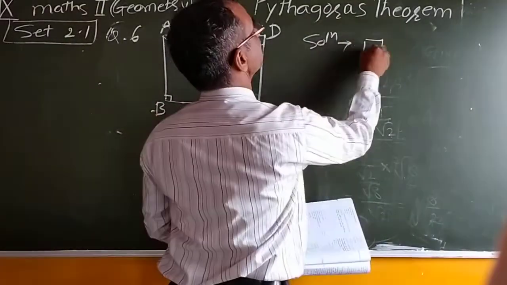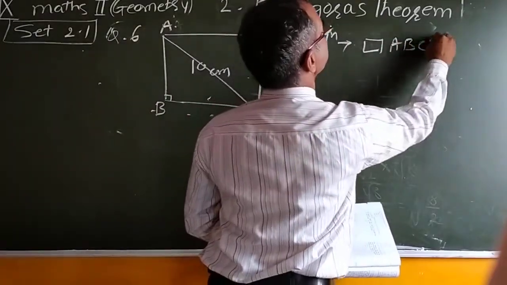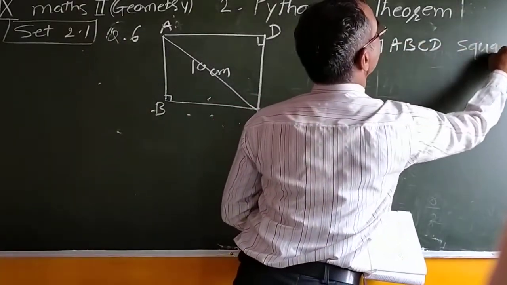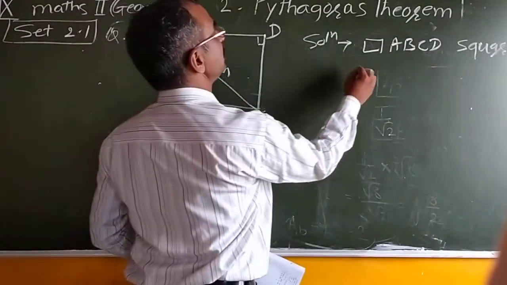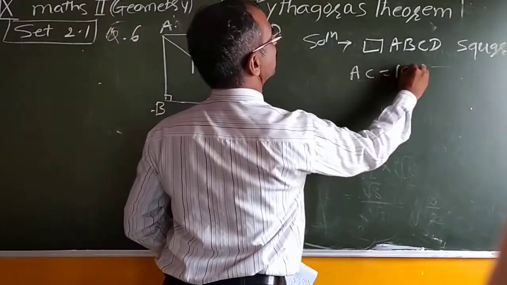In the square ABCD, what is given? The diagonal AC is equal to 10 centimeter.